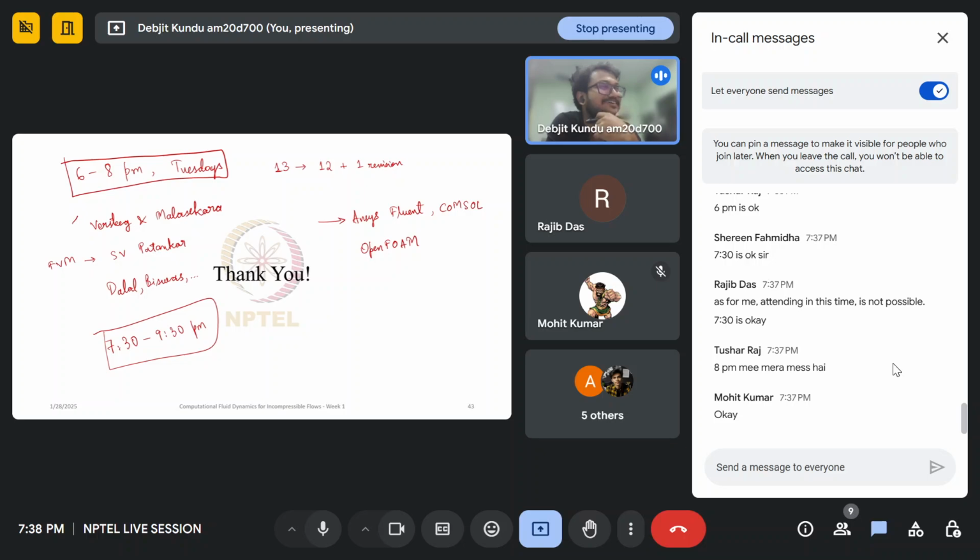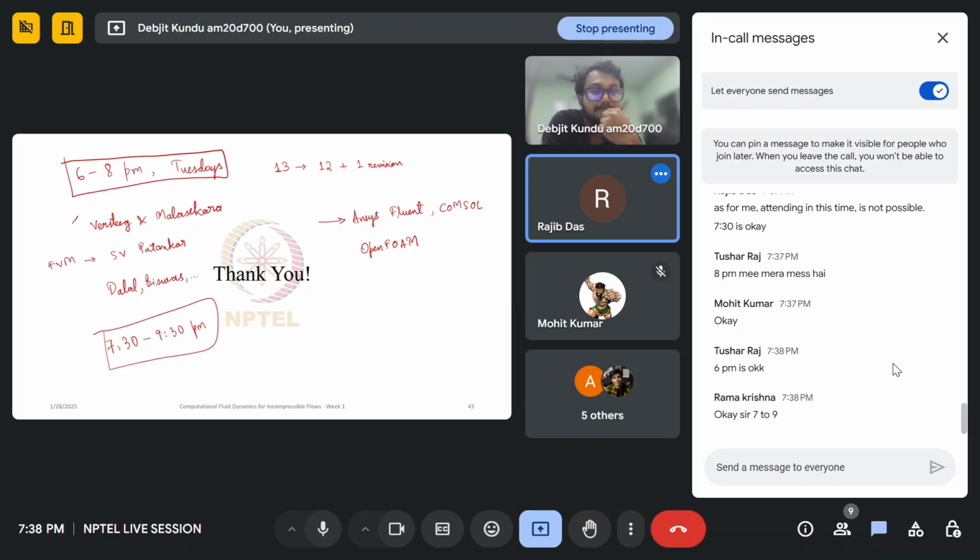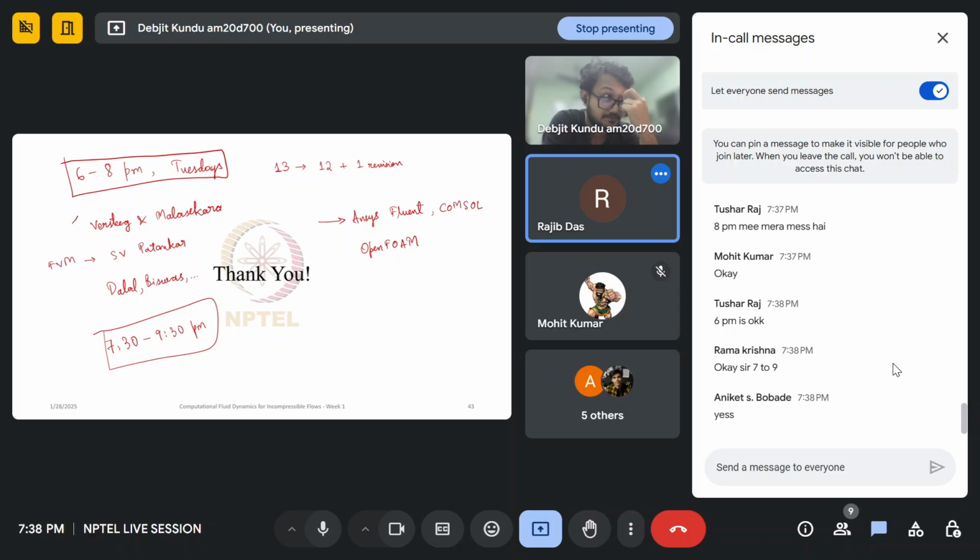I won't be able to get food if we shift these timings to 7:30 to 9:30. How about 7 to 9? Does that work?